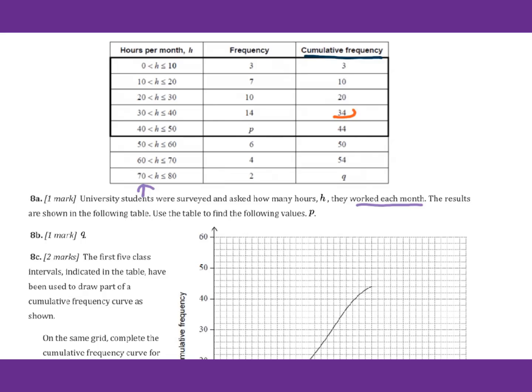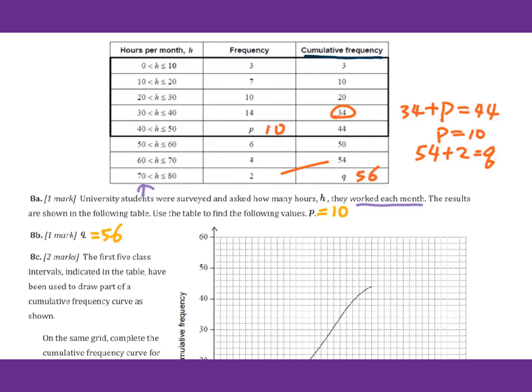So 34, you add P, you will get 44, which means P equals 10. And these two adding, 54 plus 2 equals Q. So Q equals 56. P equals 10 and Q equals 56.